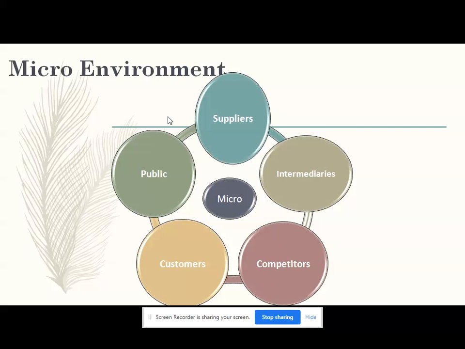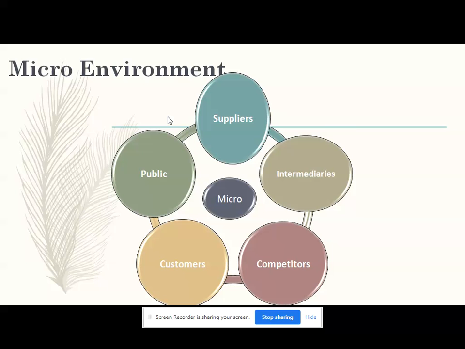The final aspect of micro environment is public, which is any group that has interest in or effect on the organization's ability to meet its goals. The organization has a duty to satisfy the public. Any actions of the company must be considered from the angle of the general public and how they are affected. The public has the power to help companies reach their goals, just as they can also prevent companies from achieving them.